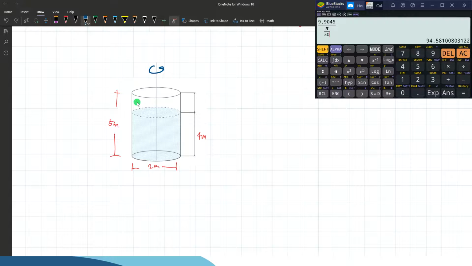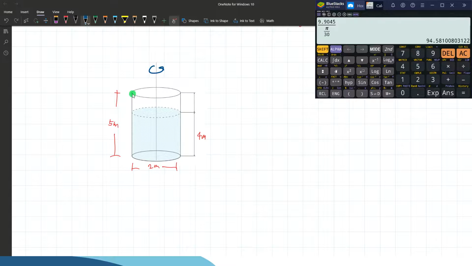So again, the depth of the paraboloid should be measured from the rim. It will always be measured from the rim for open containers.